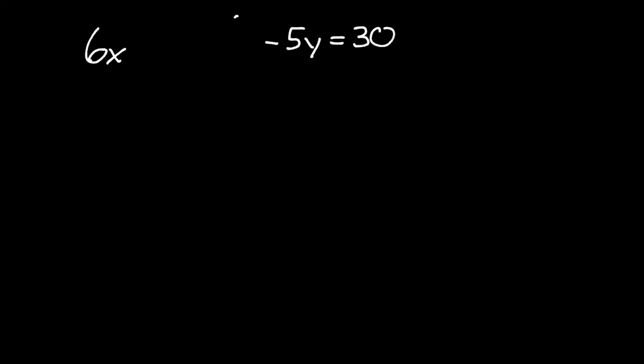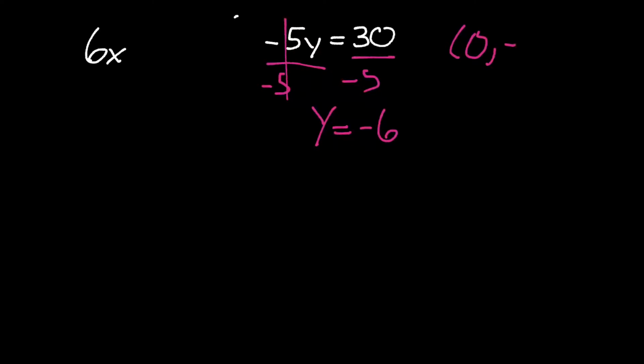And what do we have? We have negative 5y equals 30. If I were to solve this for y, divide by negative 5, I would get y equals negative 6.